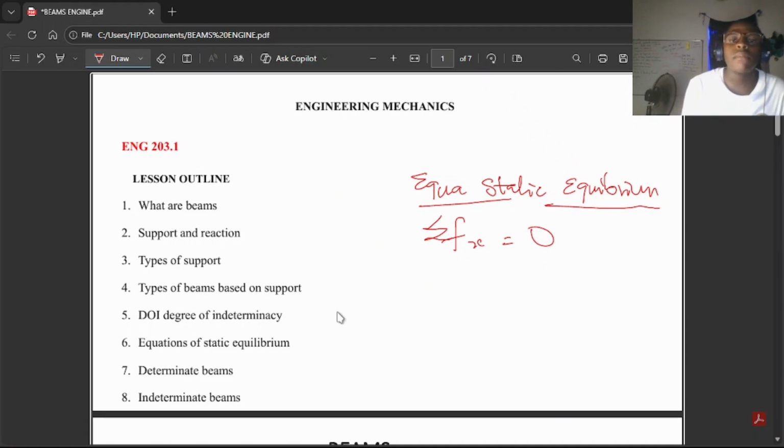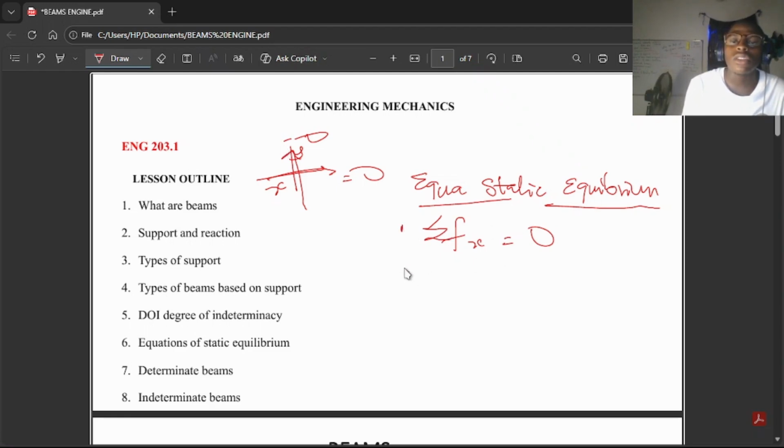Now, on the Cartesian plane, this is your x, and this is your y. So your forces moving along this axis is equal to zero. The forces moving along this axis is also equal to zero.